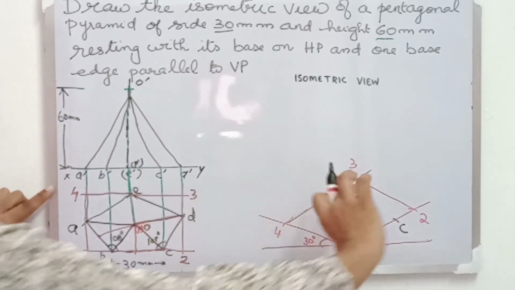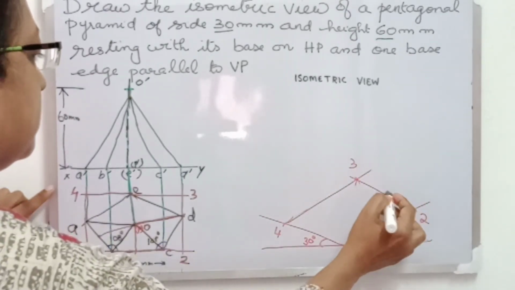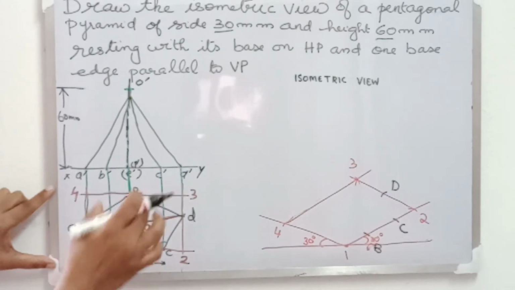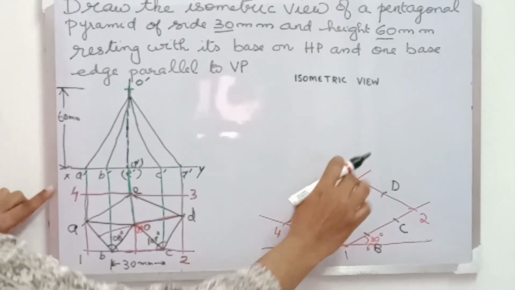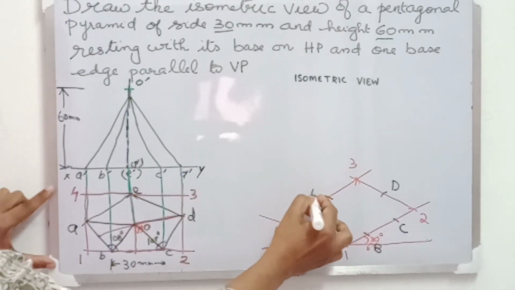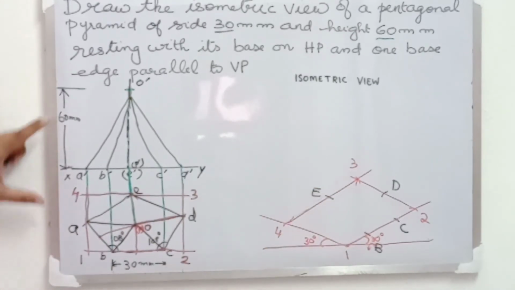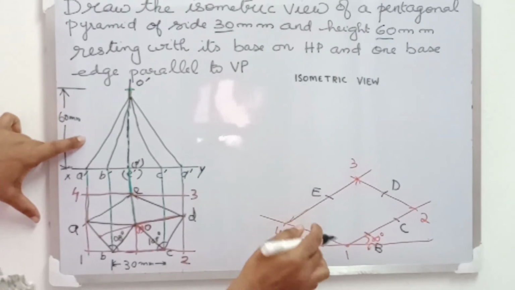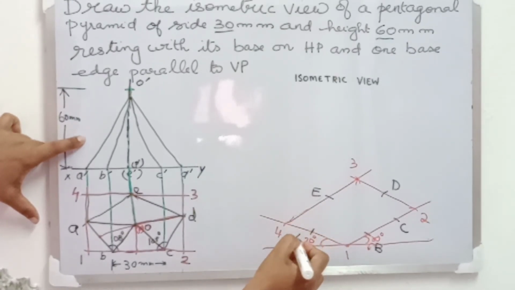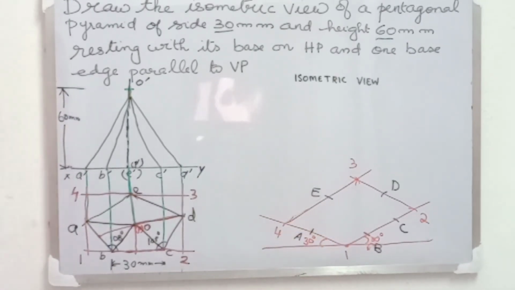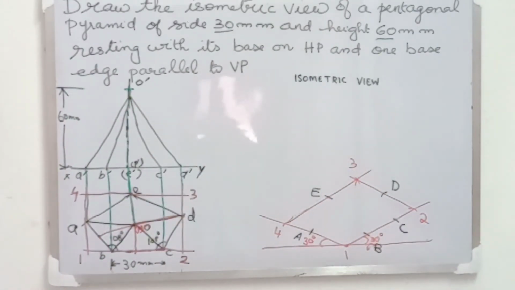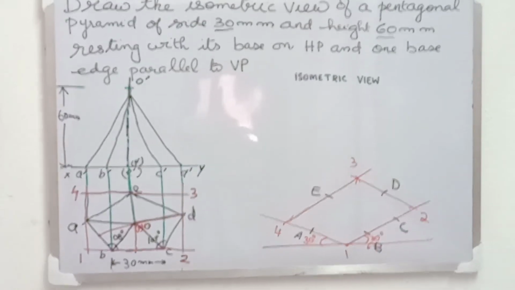Next, to transfer point D, take 2D in compass and cut on the line 2, 3 to get the point D. Similarly, to mark point E, take 3E in compass and cut on the line 3, 4. And to mark point A, take 4A and cut on the line 4, 1. So we have completed all the points of the pentagon.